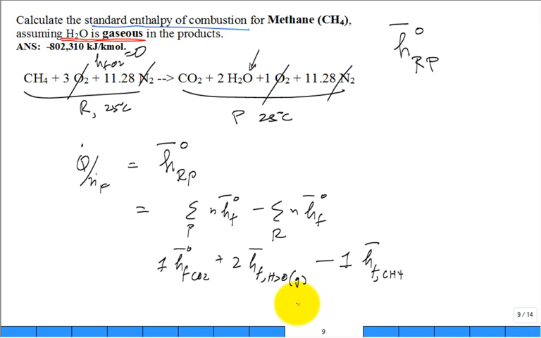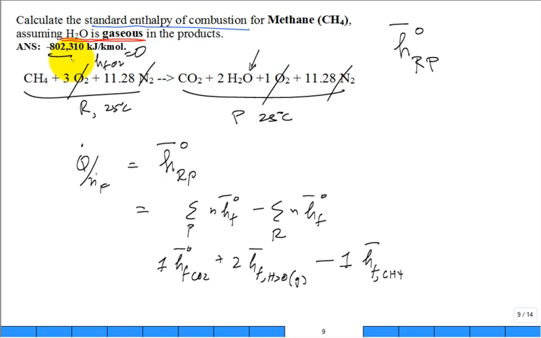Okay. When you do that math, you come in at negative 802,310, meaning that's how much heat would be coming out of my reactor per kilomole of fuel if the products and reactants came in and out at the same temperature, standard 25 degrees C, and there was complete combustion with stoichiometric air.